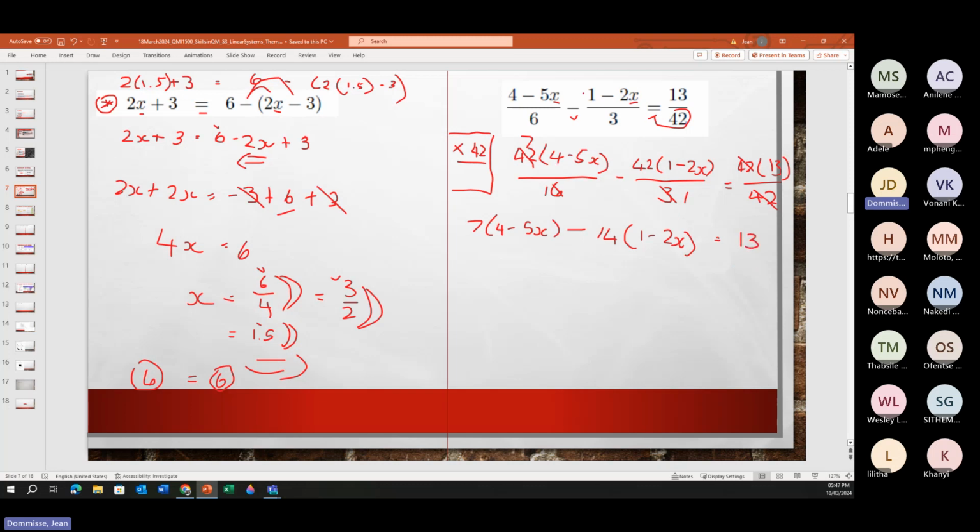Okay, so we got rid of the fractions because once again, I don't like working with fractions. It just makes your work so much more difficult. So now we can simplify a bit.